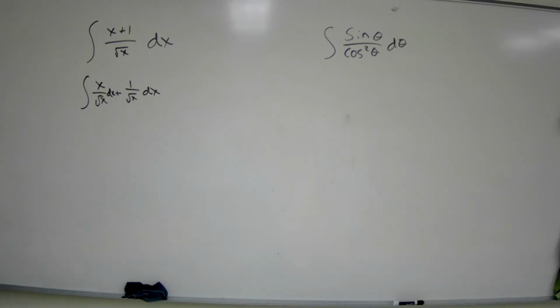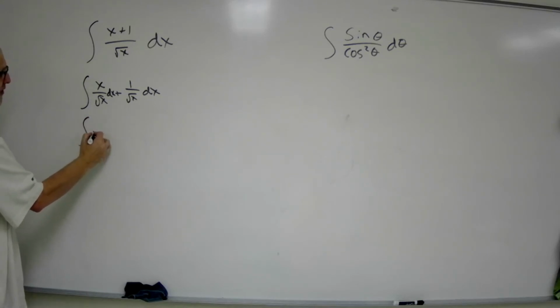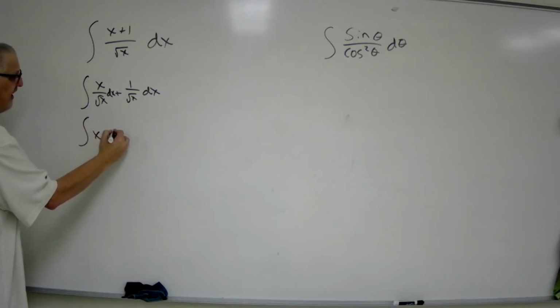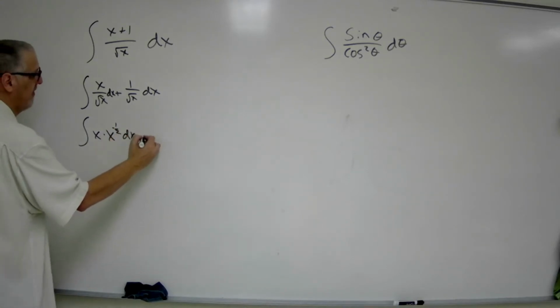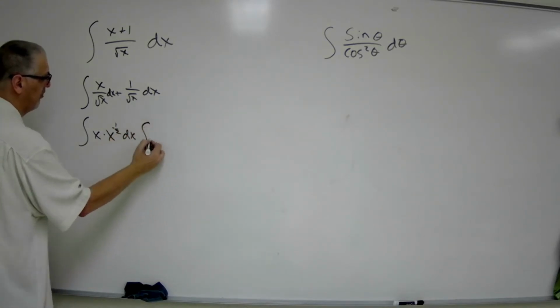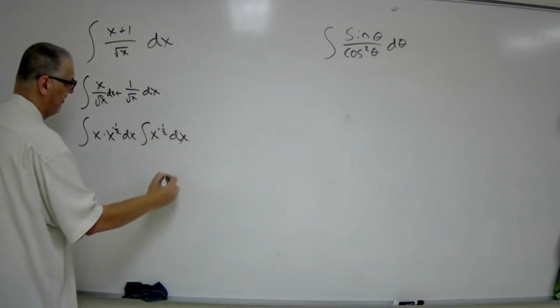From here, if you were to just change to the negative 1/2, you would have distributed and got there. But here, change it to the integral of x times x to the negative 1/2 dx, and then the integral of x to the negative 1/2 dx.